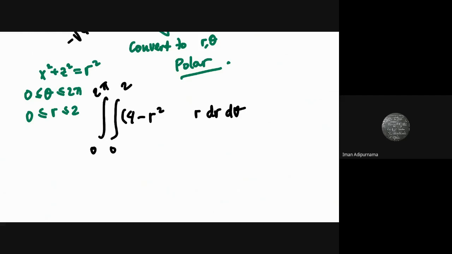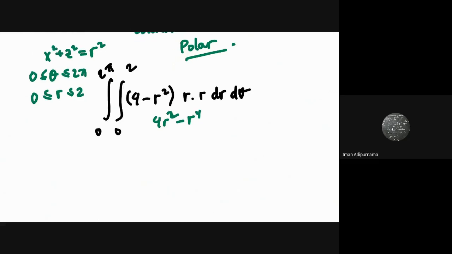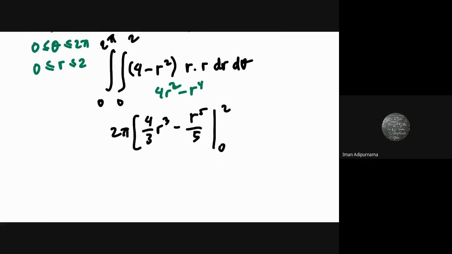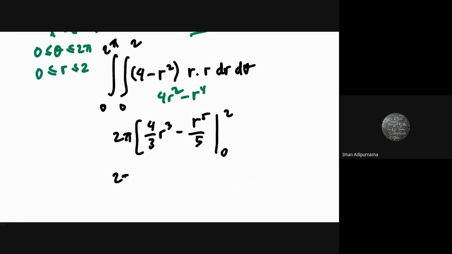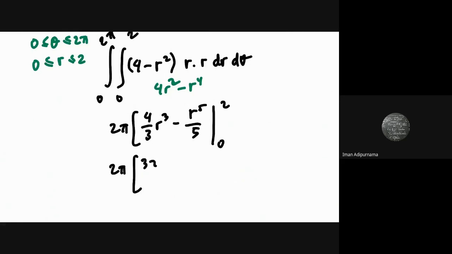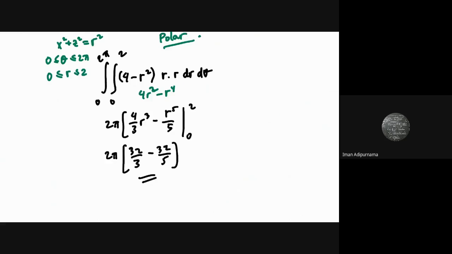It's better to look here. So you will have r squared, so you will have 4r squared minus r to the power of 4. I think that will be better. So you have 2 pi... Yeah, you can check this and calculate.